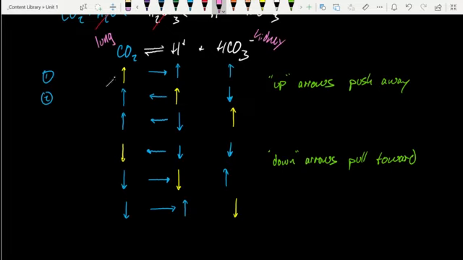Whenever we see a yellow arrow on this side, in other words, when carbon dioxide is the problem, we see that the arrows on the right side are pointed in the same direction, right? We see that in both of these cases. Whenever these arrows are pointed in the same direction, this is a respiratory problem.